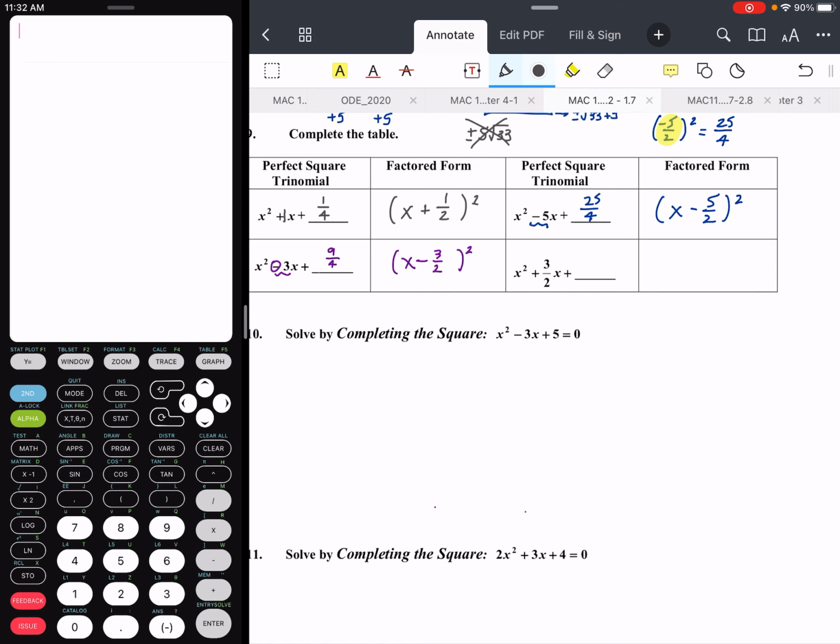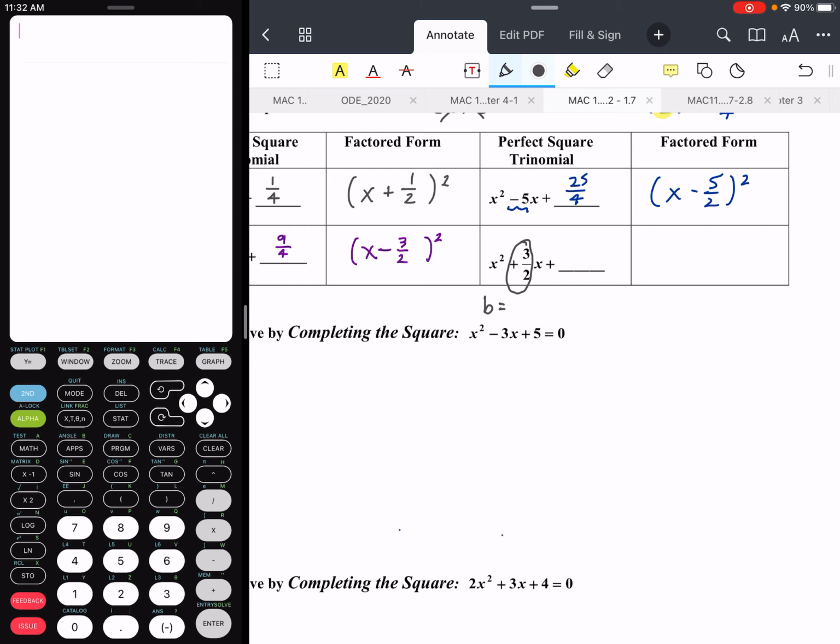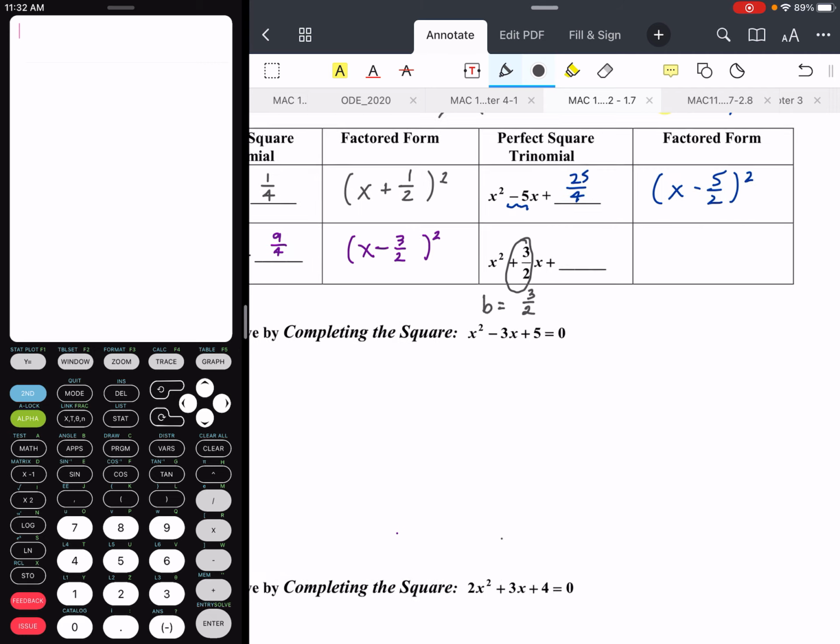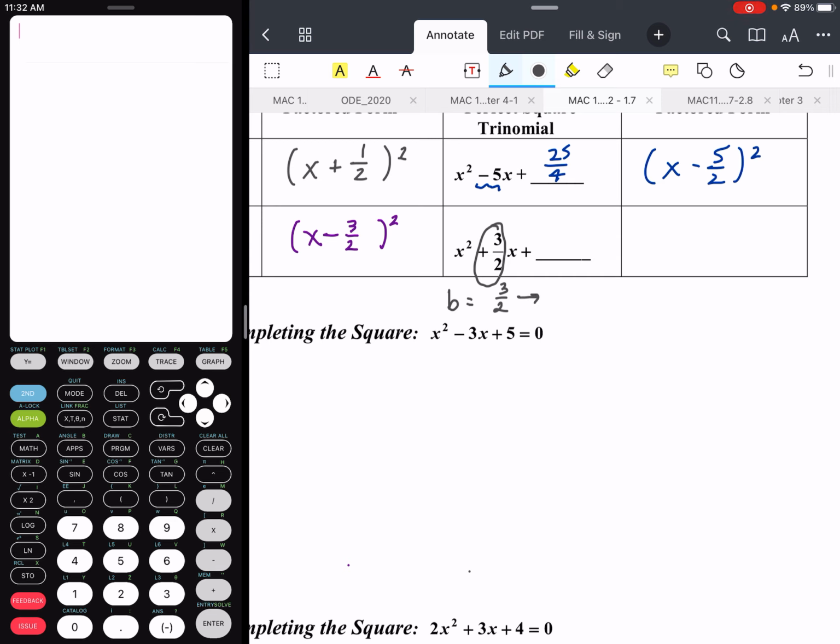I'll go here again. All right, so now we have b equals 3/2. So now we want b divided by 2 squared. First, let's just work on what b divided by 2 is. b divided by 2 equals 3/2 divided by 2. To take a fraction and divide it by 2, we can rewrite this as 3/2 times the reciprocal of 2, 1/2.